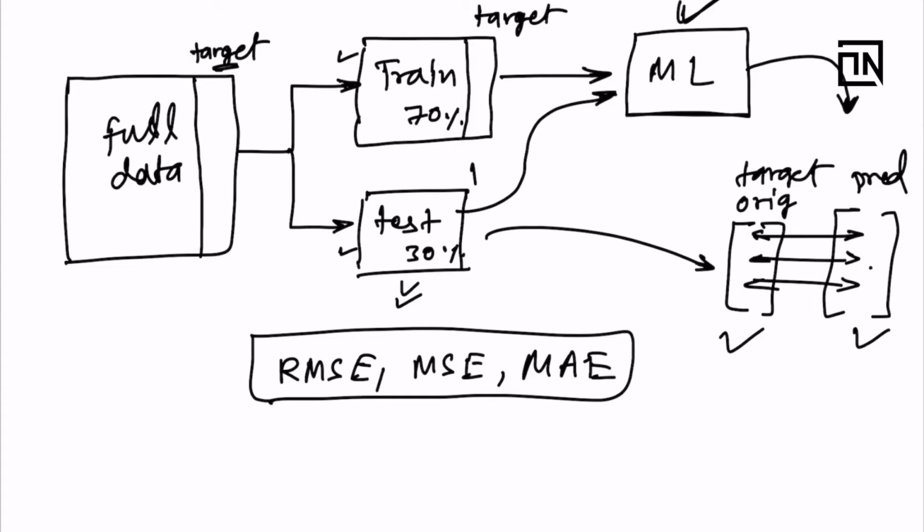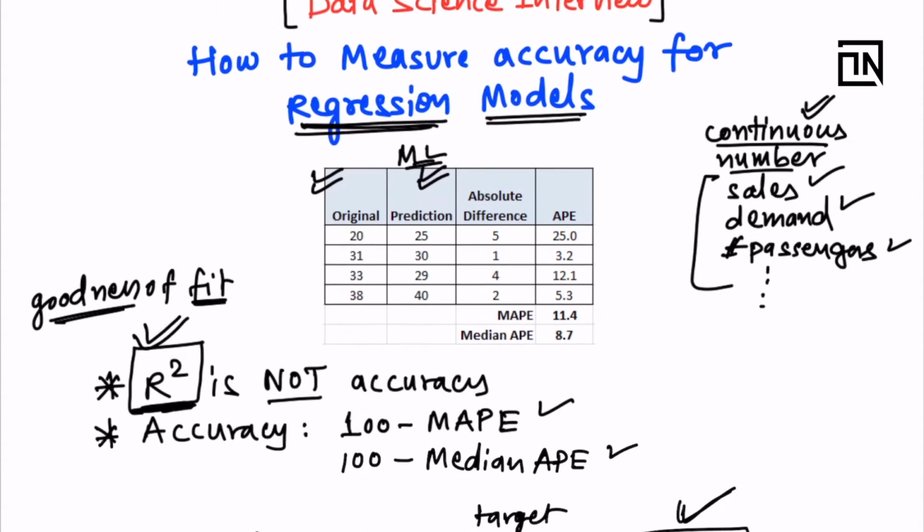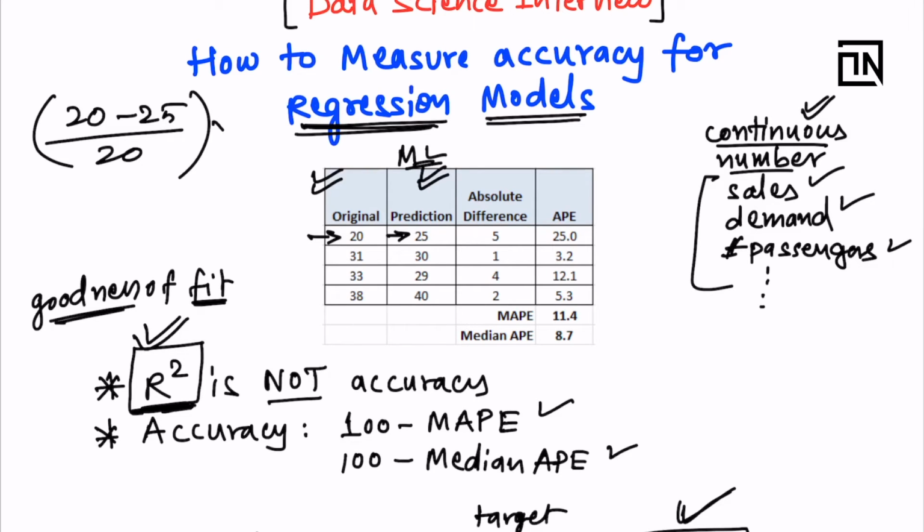So if you try to explain the accuracy to the client, in the end what your client is going to see is this table, that let's say the original value was 20 and what your model has predicted is 25. So how far away is this 20 from 25? You will say, let me compute the percentage difference. So how do we compute the percentage difference? 20 minus 25 divided by 20, this whole thing multiplied by 100, take the absolute of it.